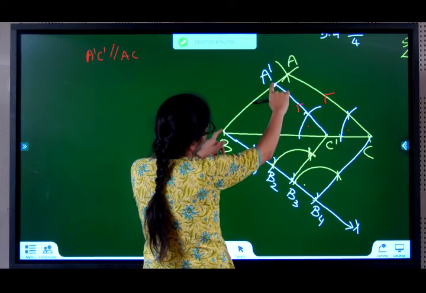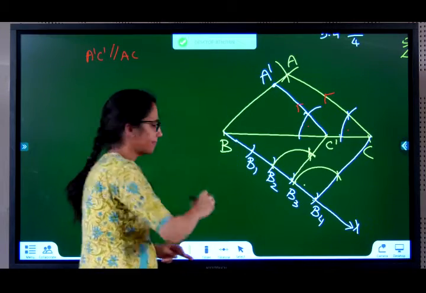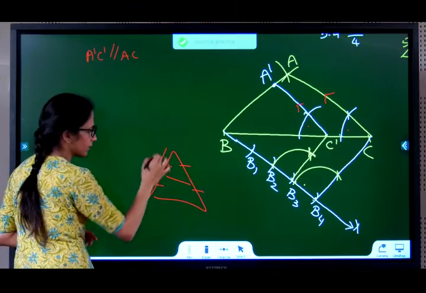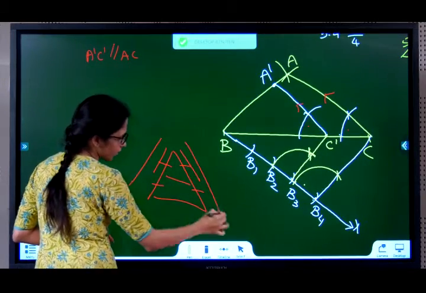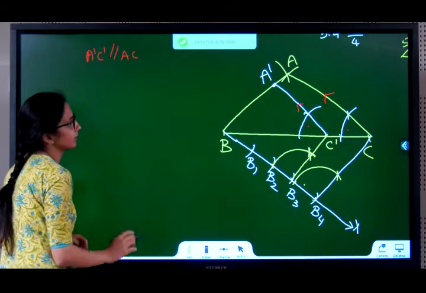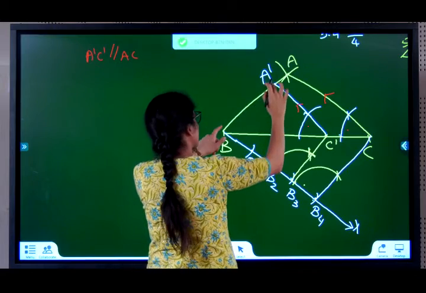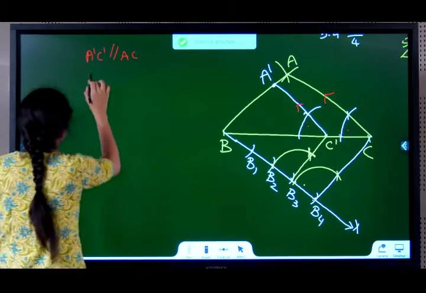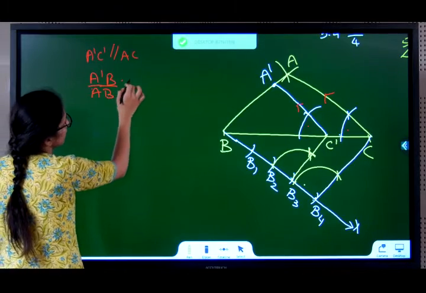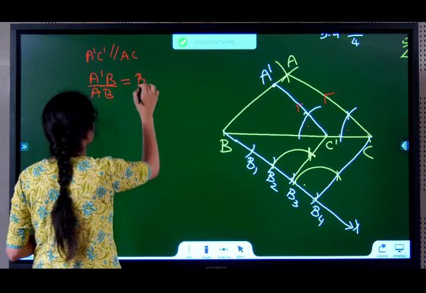Small triangle is A dash B. So, can I take small side by big side? Yes, in BPT, you can take this by this equal to this by this, or this by the whole thing is equal to this by the whole thing. If you remember, in BPT in triangle chapter, you can take it anyhow. So, I want to take A dash B by AB. So, A dash B by AB is equal to BC dash by BC.